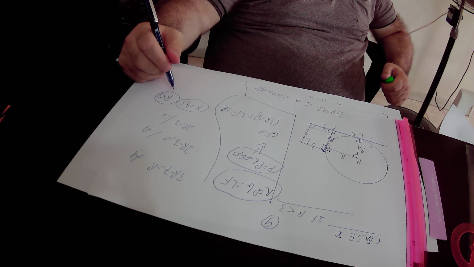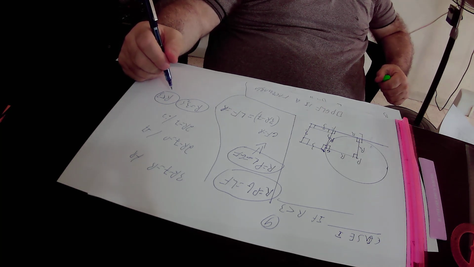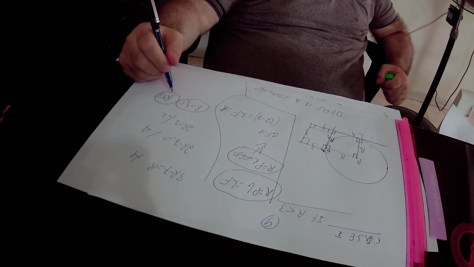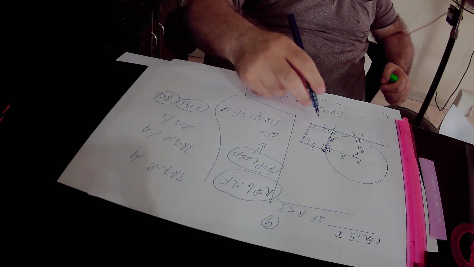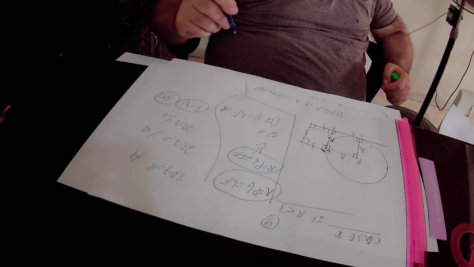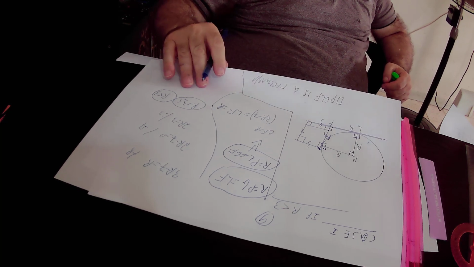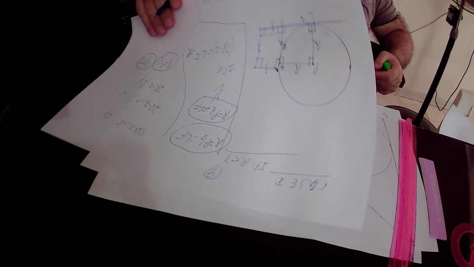Therefore, due to the contradiction, we derive that the radius of the circle R cannot be less than 3 units, because otherwise we will have a contradiction.